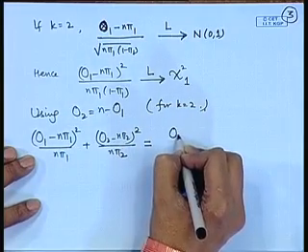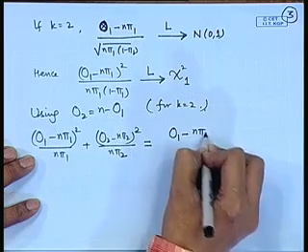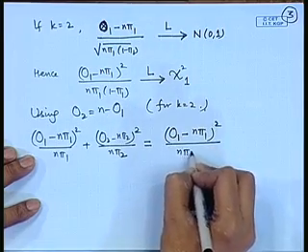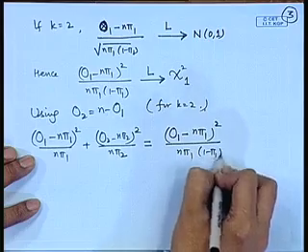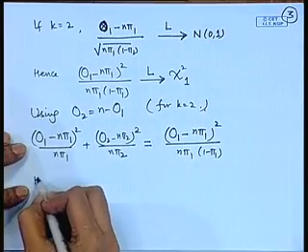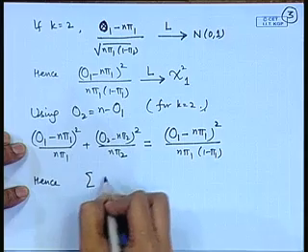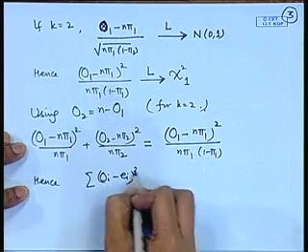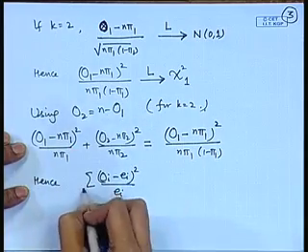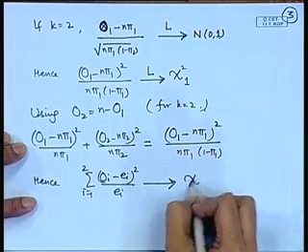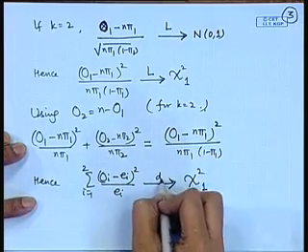This will give simply (O1 minus n pi 1) squared divided by n pi 1 into (1 minus pi 1). So, what we are observing is that the sum over i of (Oi minus Ei) squared by Ei, i equal to 1 to 2, has asymptotically a chi-square distribution on 1 degree of freedom.